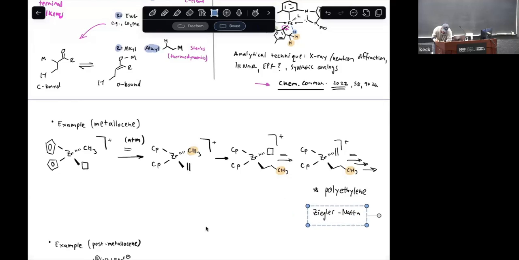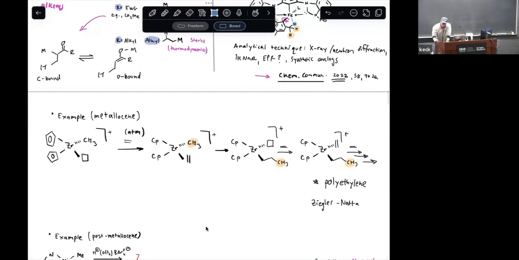And I don't remember the exact numbers. It's something like, there are some variations of it, different initiator systems, heterogeneous versus homogeneous, was producing something like 100 million tons of polyethylene every year and was pretty much the world's sole source of polyethylene pre-1990s.